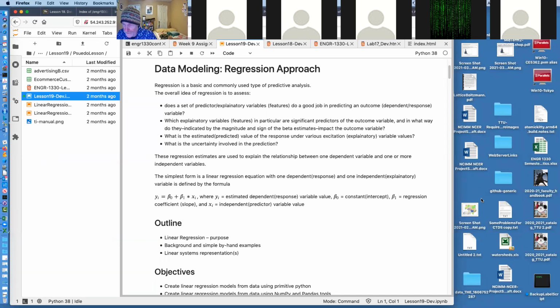Beta 1 is a regression coefficient on the independent variable x. It's the slope. So we saw this before as y equals mx plus b. It's the same equation, different letters of the alphabet. And x sub i is our independent or predictor variable.